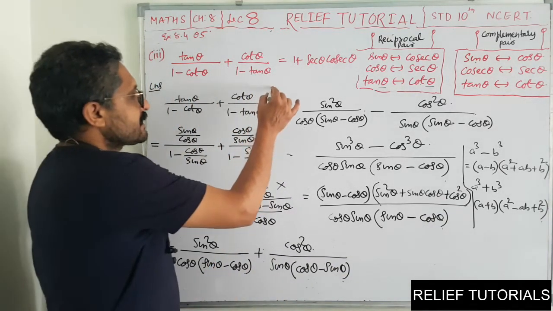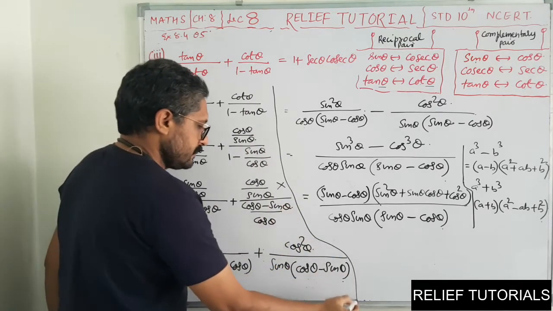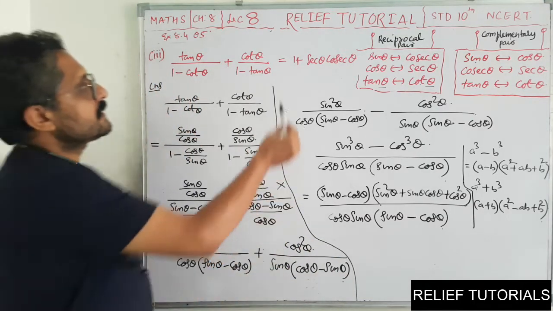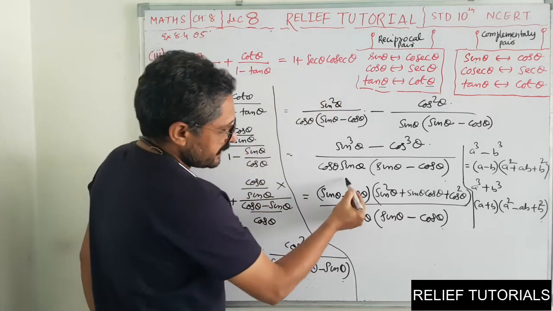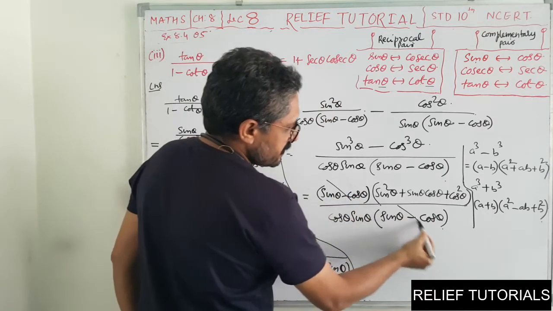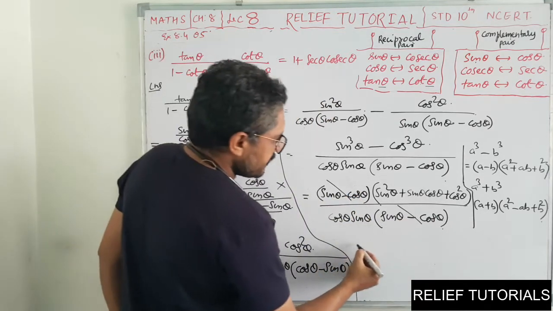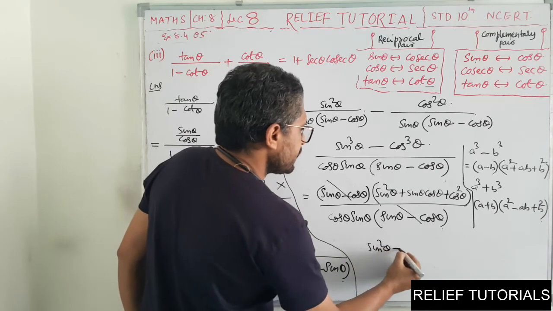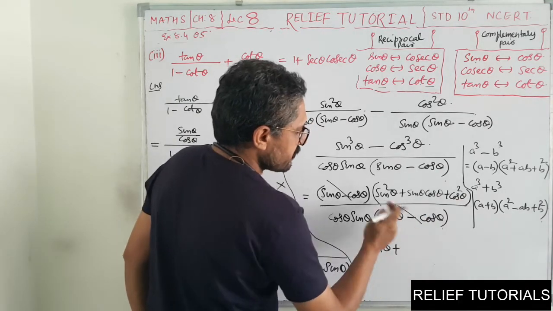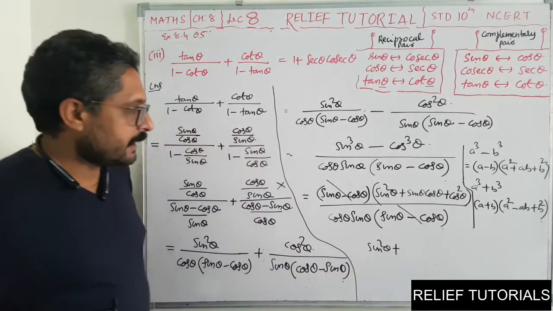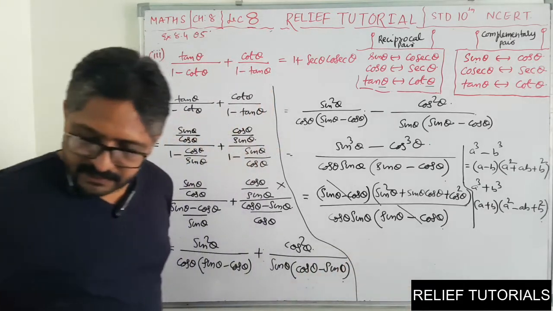So look at RHS. This is our RHS. Now sin theta minus cos theta will get cancelled. So what is left here? Sin square theta plus cos square theta, which is 1.